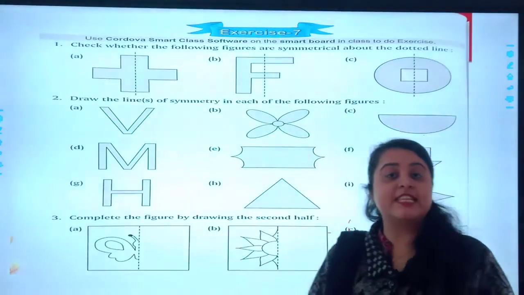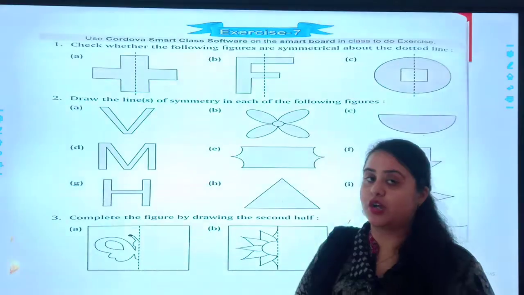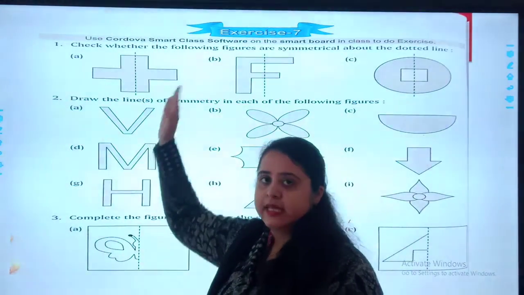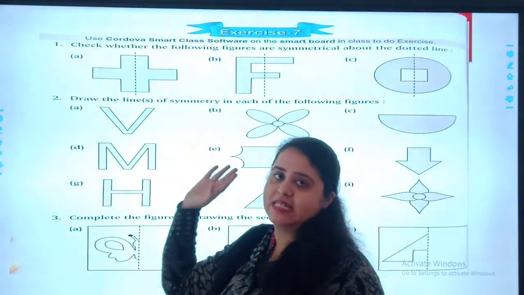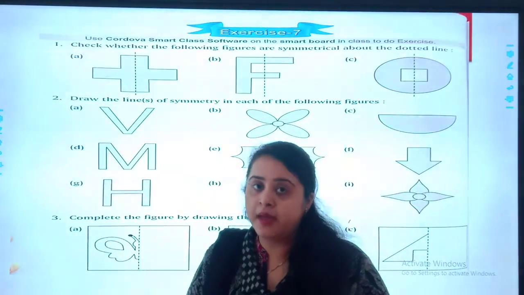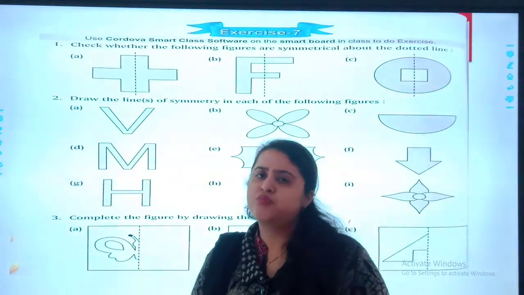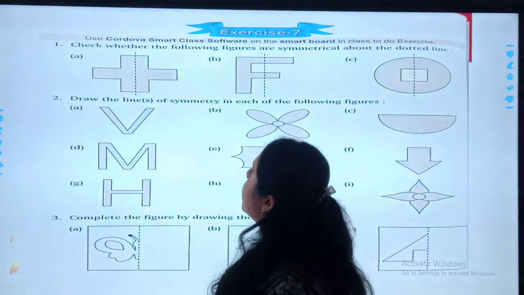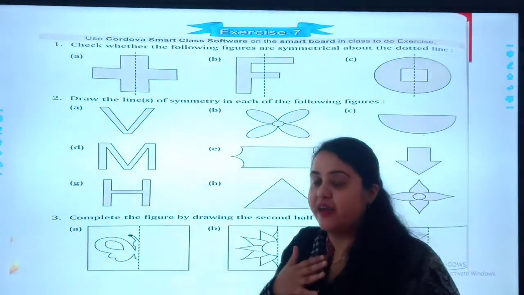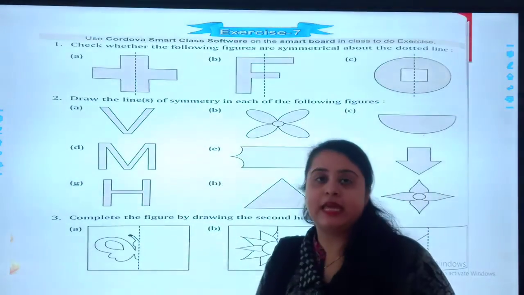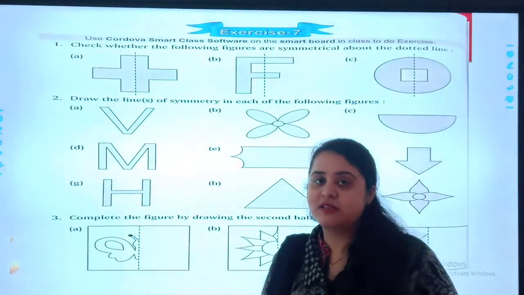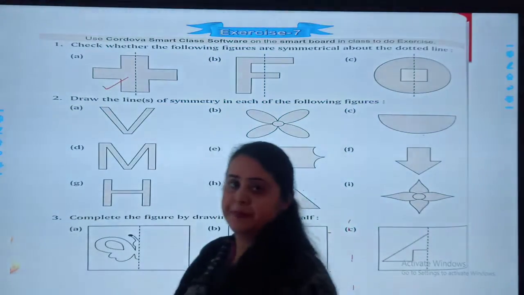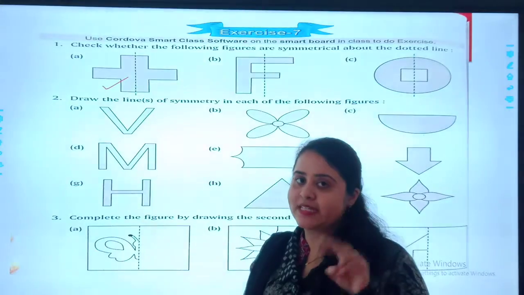We have to check that these figures are symmetrical or not. Let's see this first figure. Line के लेफ्ट साइड और लाइन के राइट साइड दोनों जगह अगर सेम है then it is yes, and if they are not same then it is no. As I observe, this figure is equal on both sides, so I will say yes. Okay, let's move to second one.